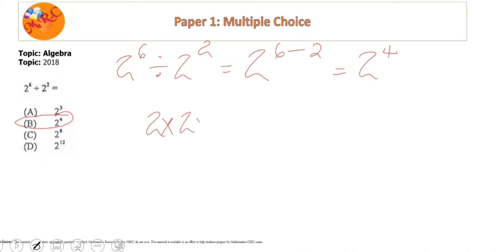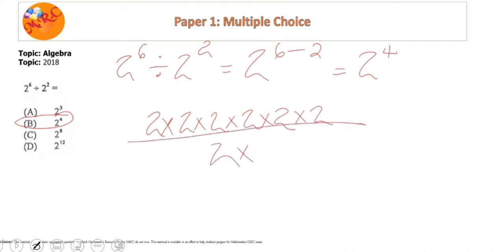So it's 2 times 2 times 2 times 2 times 2 times 2 divided by 2 times 2. 2 cancels 2, 2 cancels 2. We're left with 2 to the 4 because we're left with four 2s there. And our answer will still be B.